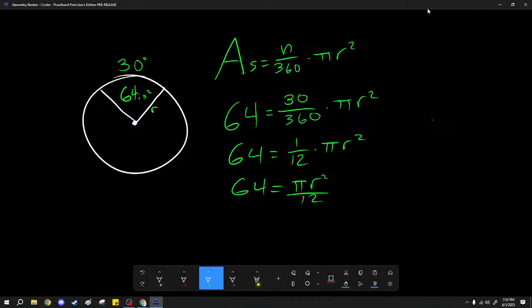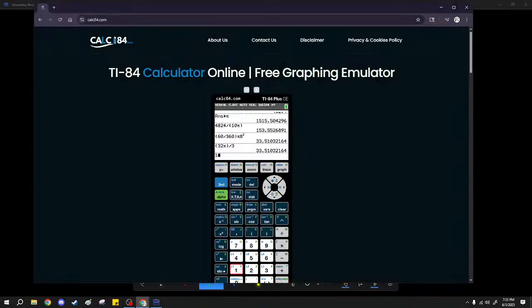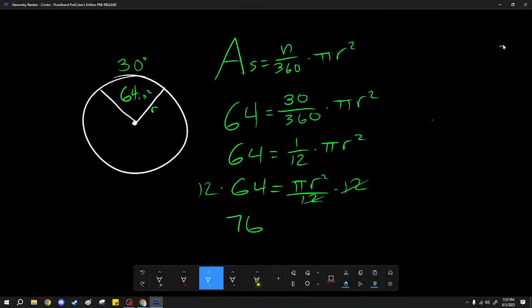We have a denominator to get rid of. If we have something on the denominator, we must multiply it to get rid of it. 12 divided by 12 is 1, so those cancel out. And then we get 12 times 64. 768. Great. 768 is equal to pi r squared.